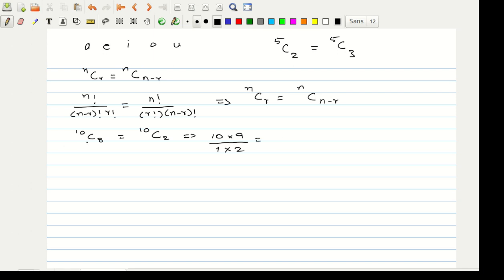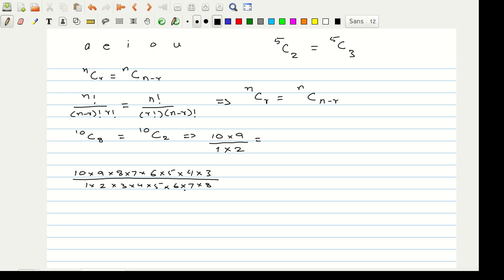If you write from here, what it means is you have to write 10 times 9 times 8 times 7 times 6 times 5 times 4 times 3, and then 1 times 2 times 3 times 4 times 5 times 6 times 7 times 8, right?